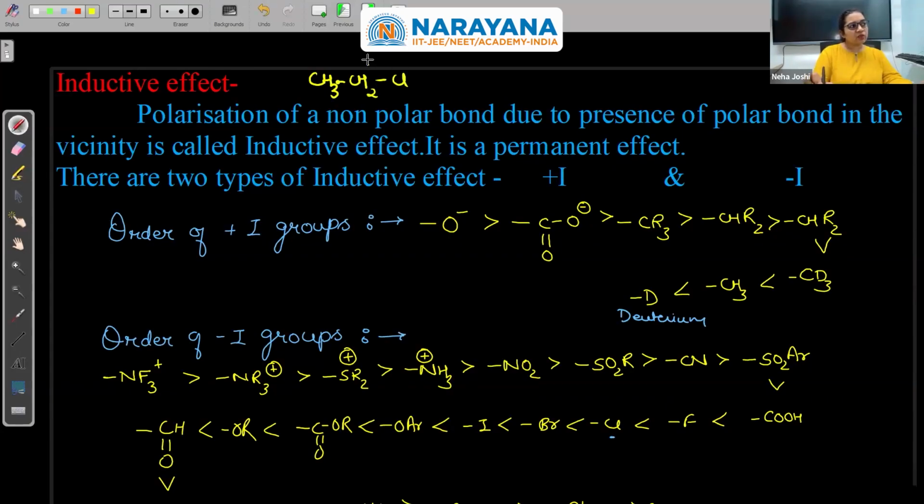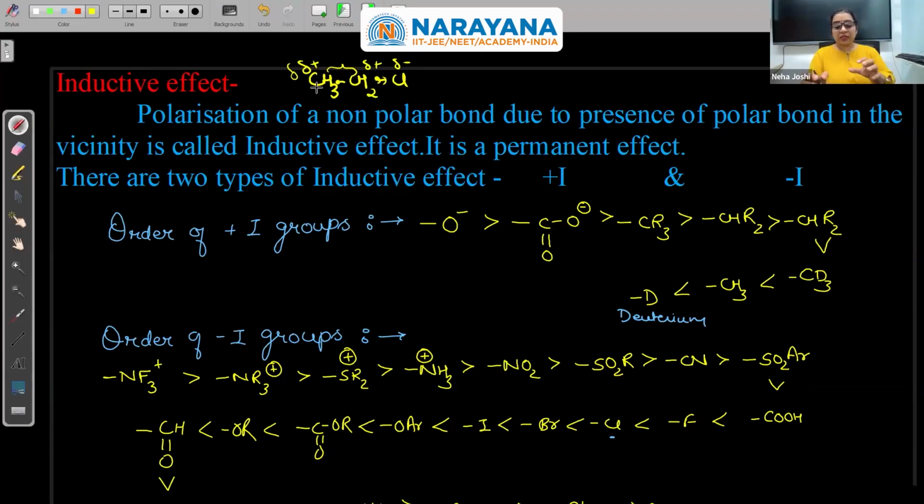Due to polarization of this bond, del plus, del minus, this bond which we were expecting to be non-polarized because both were carbon sp3 hybridized is now having a del plus polarity, right? Or if I could say further del plus polarity as the electrons are pulled towards chlorine.